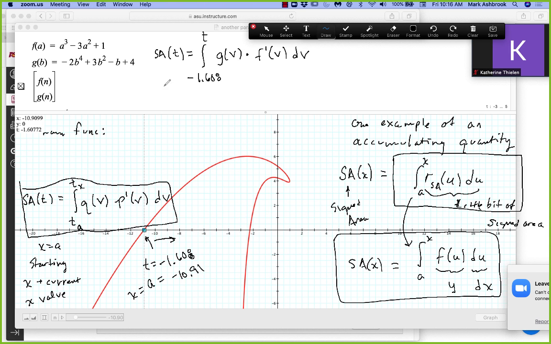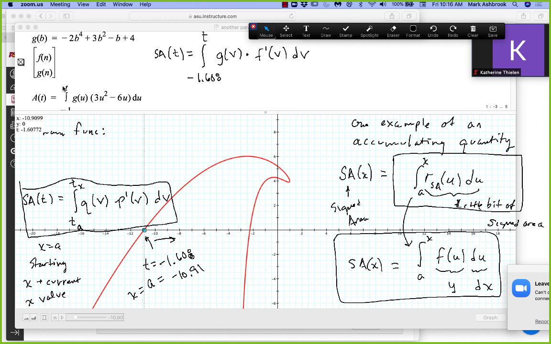And we could write those out, right? We could write out the negative 2v to the fourth plus 3v squared minus v plus 4 times 3v squared minus 6v dv. But that's fine too. So this is our signed area function. And what will that look like? Do I have that right there?